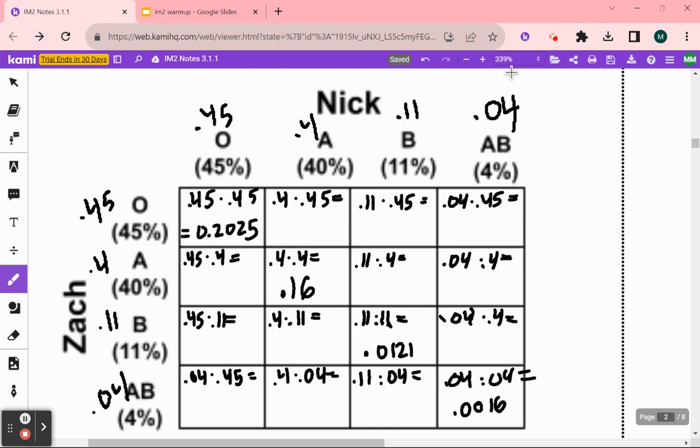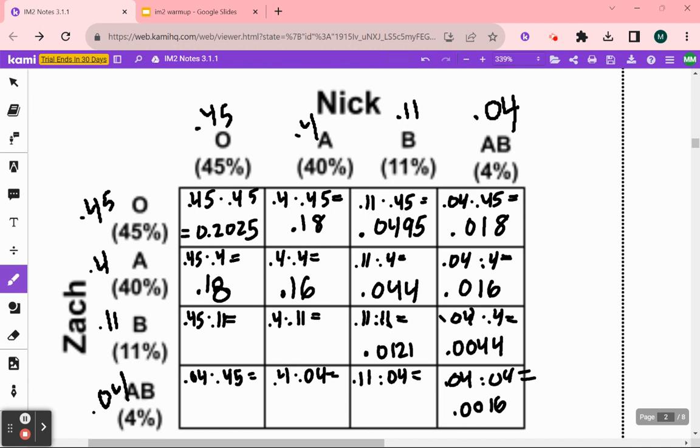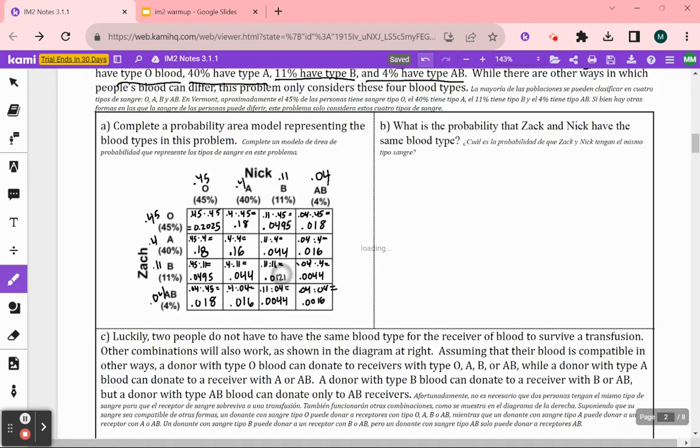We've got 0.18, 0.044, 0.0044, 0.0495, 0.016, 0.018, 0.18, 0.044, 0.0044, 0.0495, 0.016, and 0.018. And that's our area model. Now we can use it.